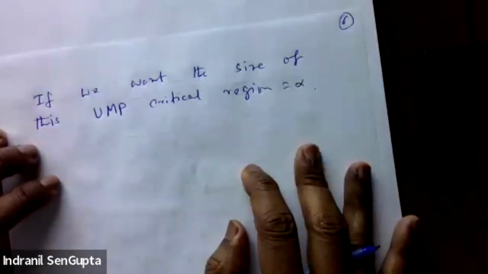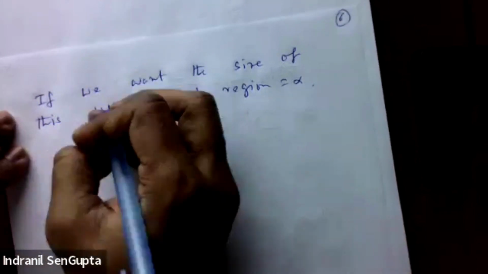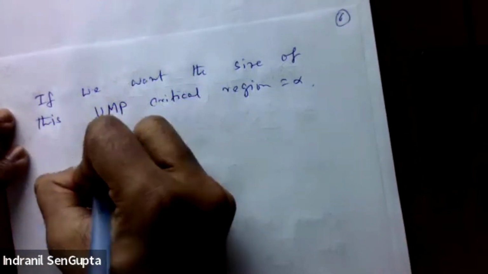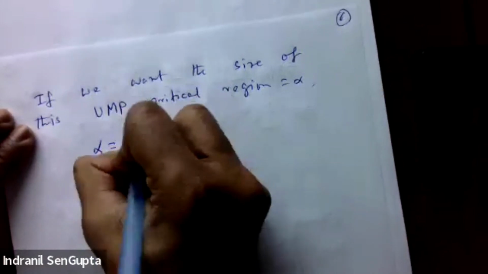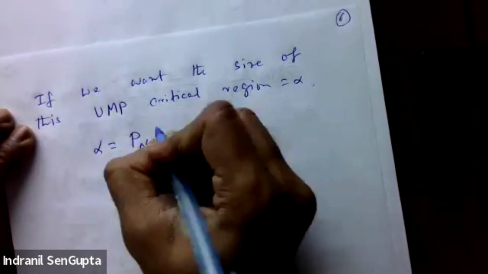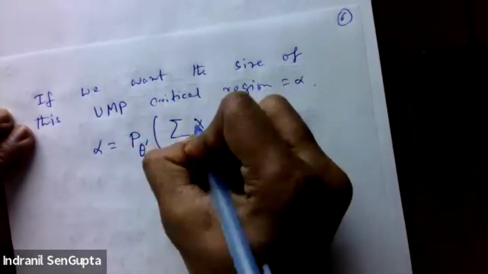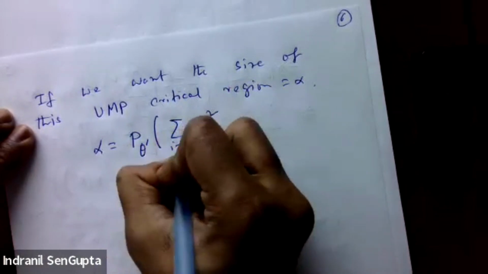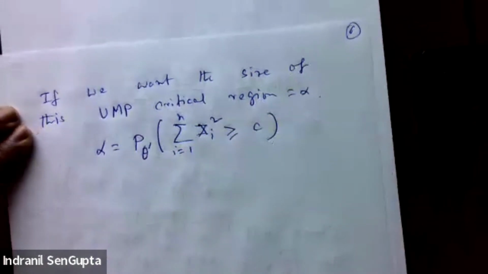So then what do we have to do? We have to consider, so alpha would be the size of that. That means with respect to the null hypothesis, we must have the probability that the summation of xi squared, i from 1 to n, is bigger than C be alpha, right?